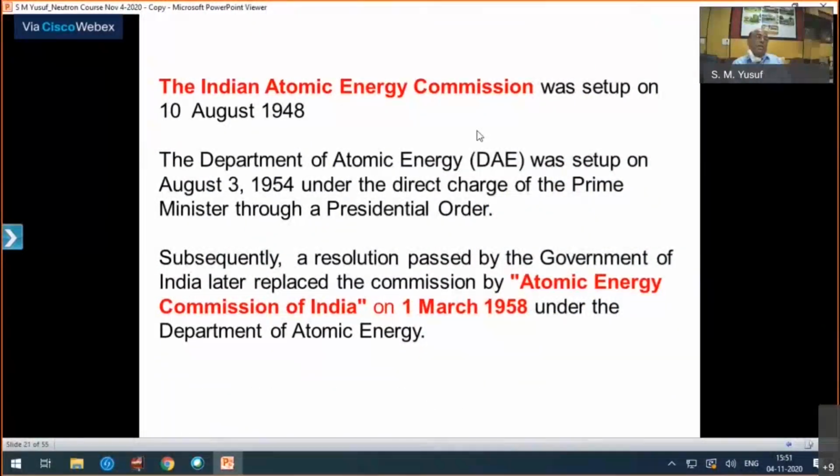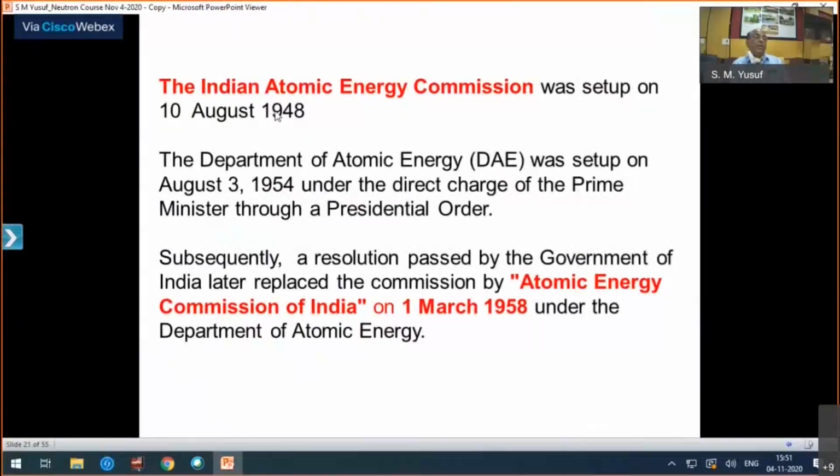Coming back to the Indian scenario, in India the Atomic Energy Commission was set up on 10th of August 1948. Just see the timing, and you know the role of Homi Jahangir Bhabha. Now we are in DAE, so you know the role of Professor Bhabha. The Indian Atomic Energy Commission was established in the year 1948, and we got freedom in 1947, so just within 1 year.